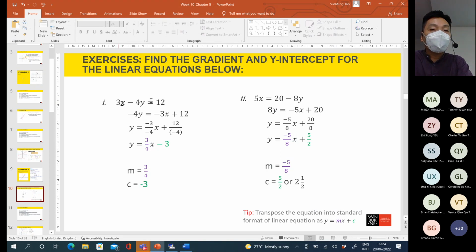This one is easier to move, 3x. If 3x moves to the right-hand side it becomes minus 3x. 12 is still the same. Then the next step is to move minus 4 to the right. On the left-hand side, negative 4 and y are in a multiplication relationship. So if negative 4 moves to the right-hand side it becomes divided by negative 4.